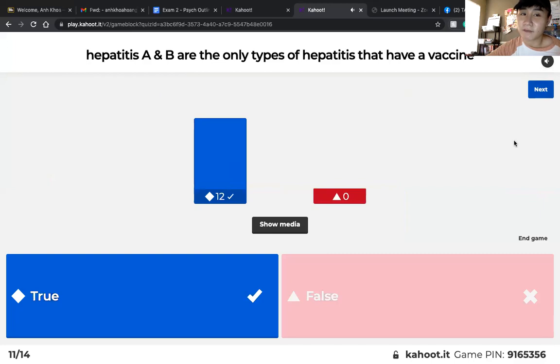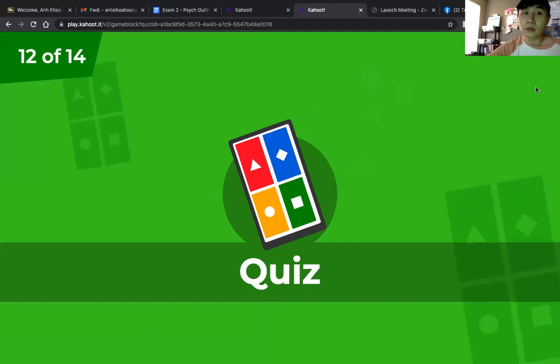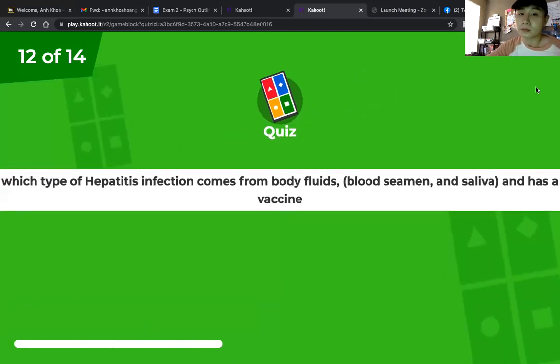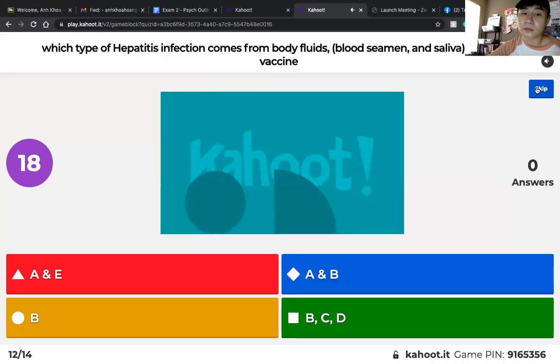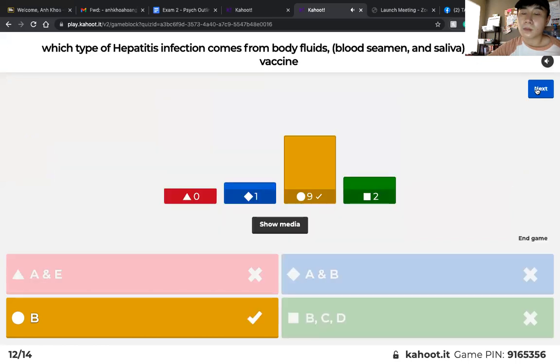Perfect. We only have a vaccine for A and B, guys. But we can treat other hepatitis with interferon. Perfect.